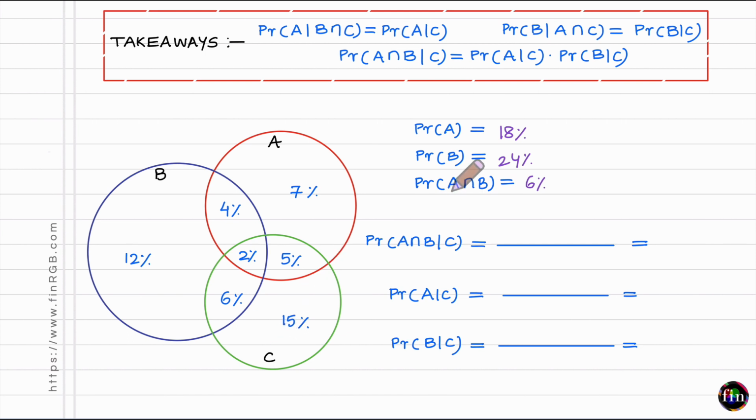Everything switches from unconditional probabilities to conditional probabilities given event C. So probability of A and B given event C, what will this be?